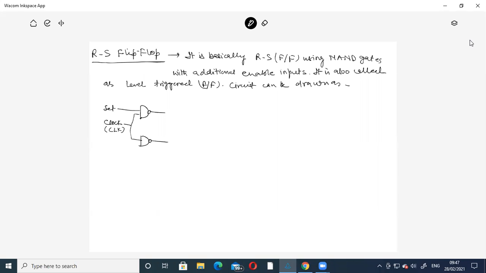This is reset. And these outputs are again connected with another set of NAND gates as in the latch state.